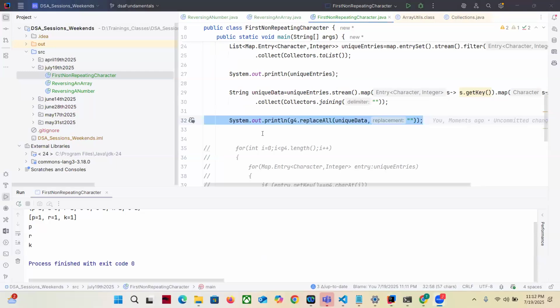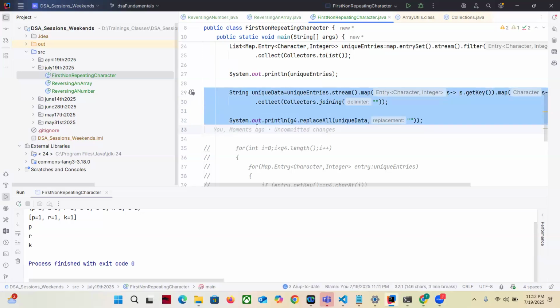Well, this is a bad approach. Regular expressions won't work here. I just tried something else, but it's fine. That's not a problem.